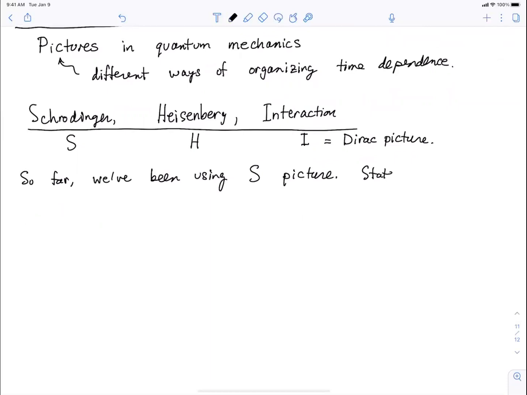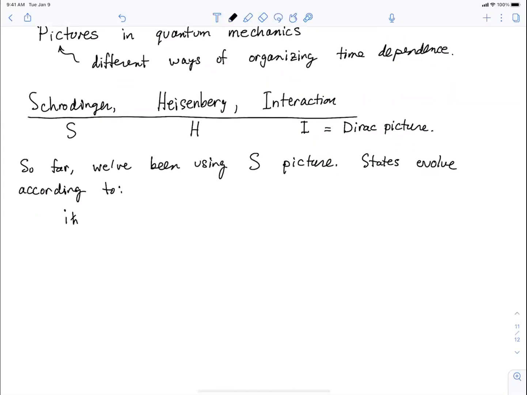That means states evolve according to i h bar time derivative, this was one of our postulates, is equal to the Hamiltonian times the state.